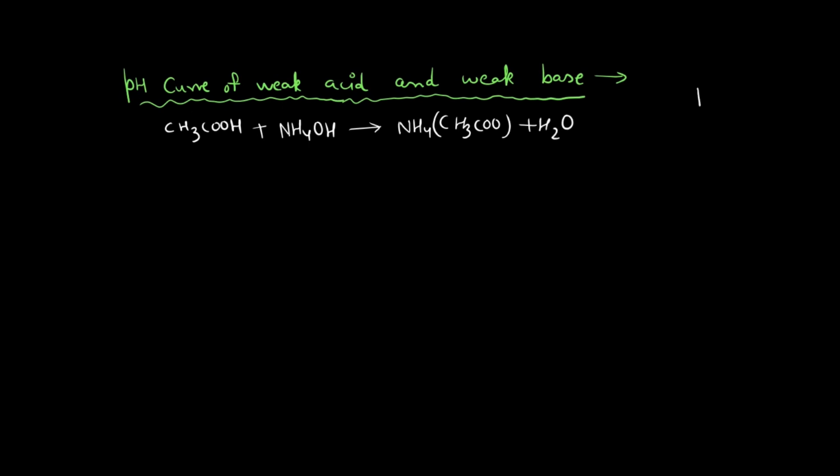Let us take ammonium hydroxide in our burette as a titrant, and we will take acetic acid as an analyte in the conical flask. So ammonium hydroxide is my titrant, and I am taking acetic acid as analyte.